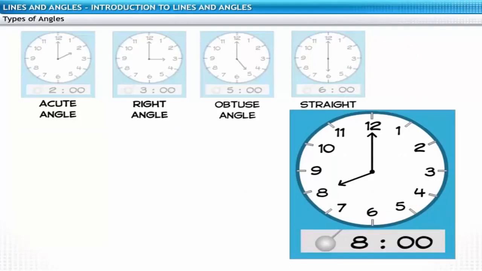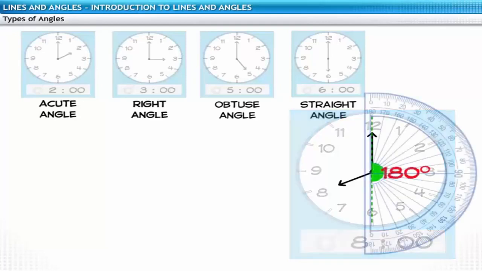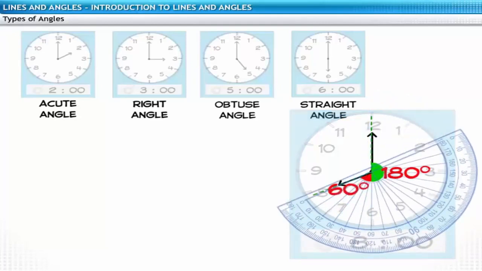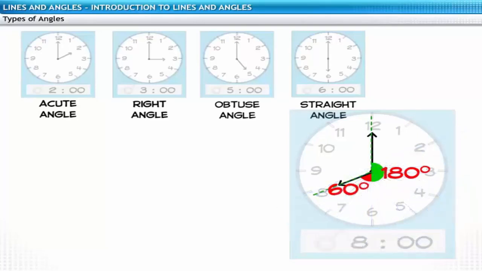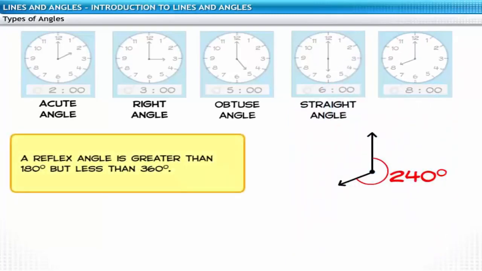To measure an angle greater than 180 degrees, first take a straight angle and then add the remaining angle to it. Now, when you measure the angles, it is 180 degrees plus 60 degrees, which is 240 degrees. A reflex angle is greater than 180 degrees but less than 360 degrees.